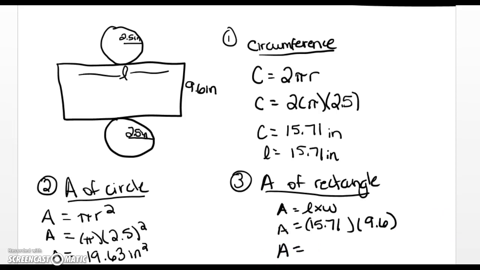When you put that into your calculator, you should find that the total area of that rectangle is 150.82 inches squared. And we don't have to find that second rectangle because it's the exact same area as the first. So when you're doing the total surface area, you just add it twice.